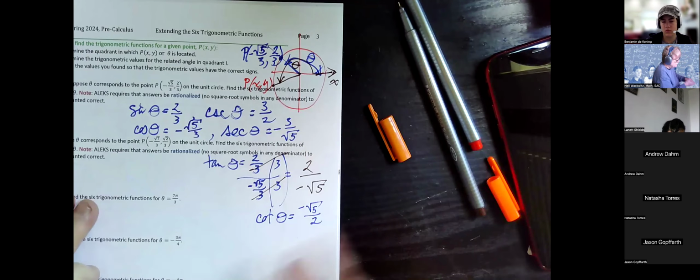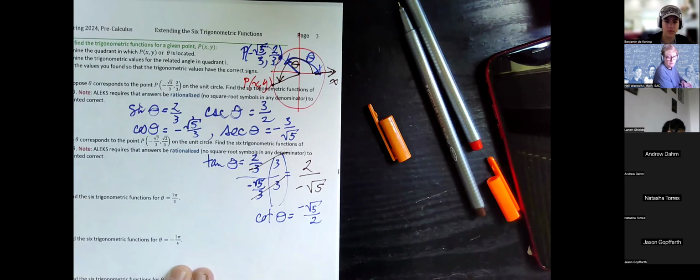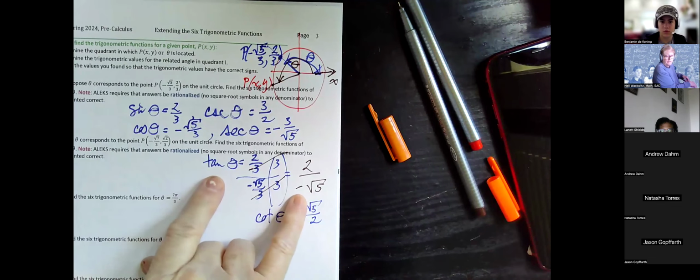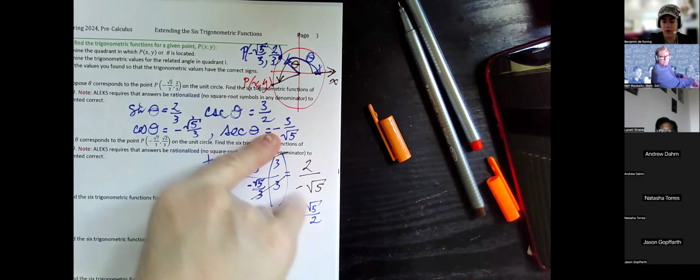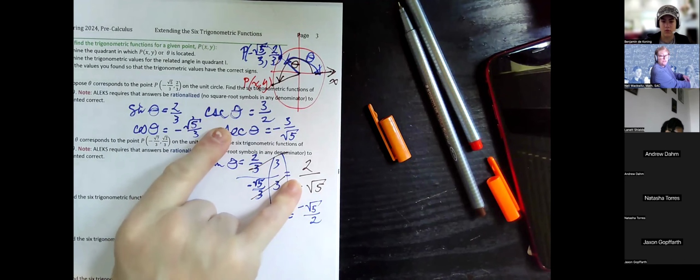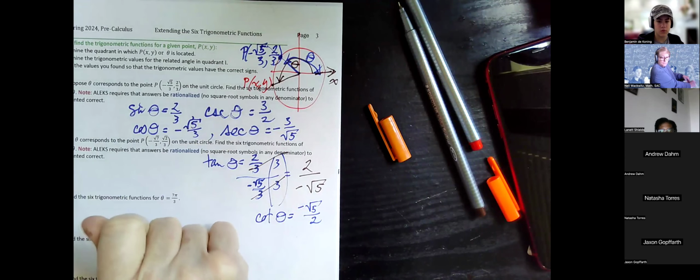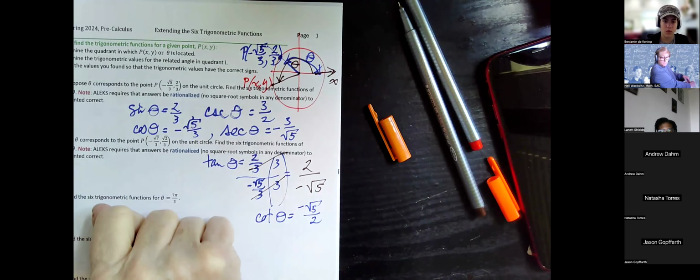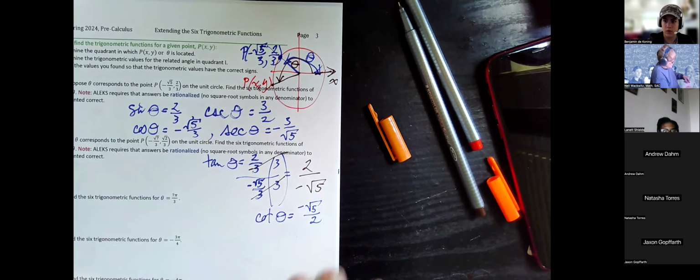Which ones do we have to rationalize? Secant and tangent. Yes. And both of them, what are we going to multiply both of them by to rationalize them? Square root of 5. Yes.